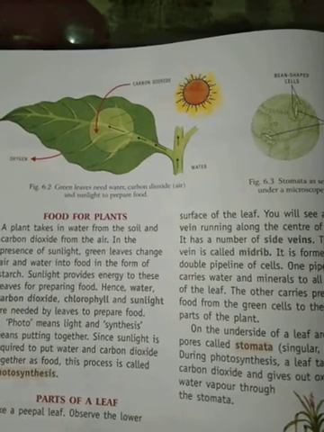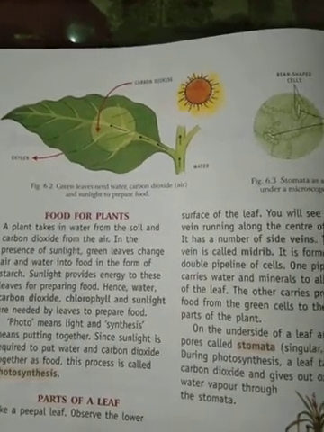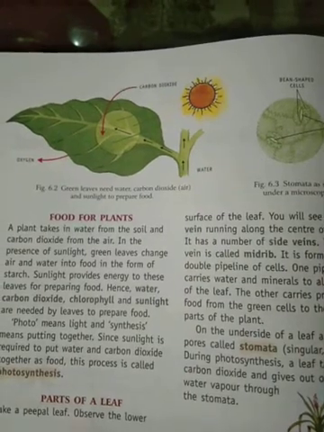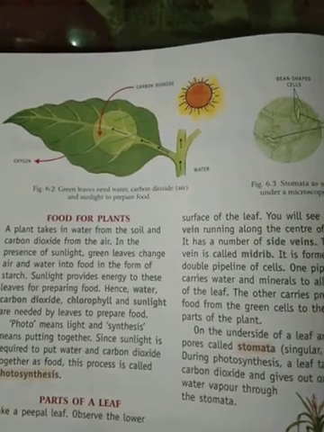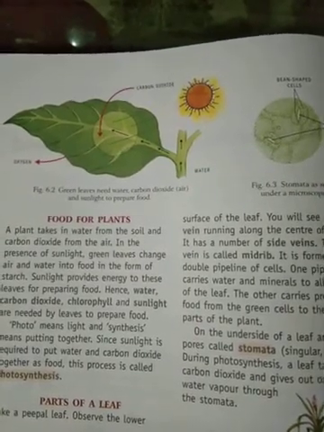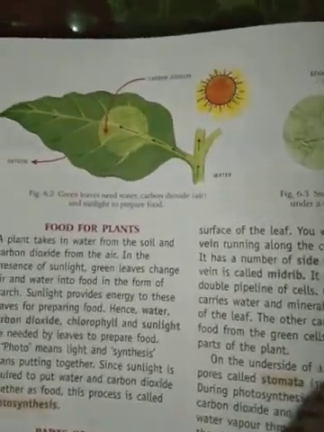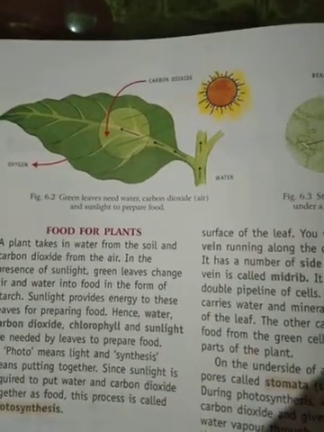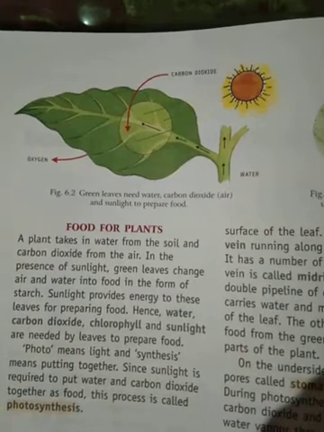Now sunlight will come from the sun, you can see clearly in the diagram, but what is the use of that green leaf? Because the green leaf is where a pigment named chlorophyll is present. Now what is the role of that chlorophyll pigment?